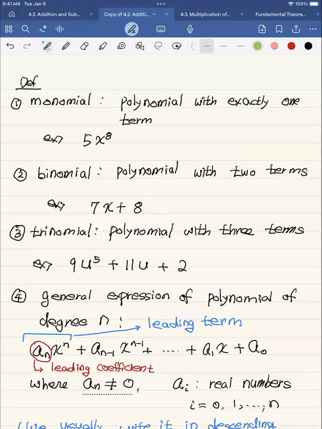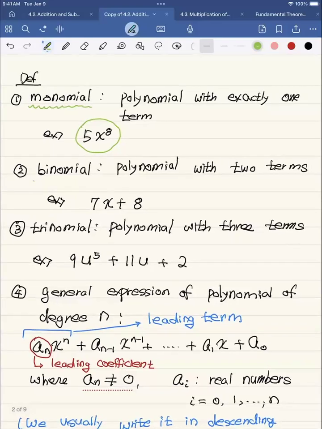When we say the given algebraic expression is monomial, that is polynomial with exactly one term. So in this example, we have 5 times x to the 8th power. It has only one term, so that's monomial.